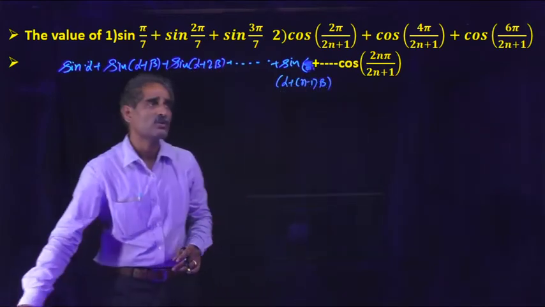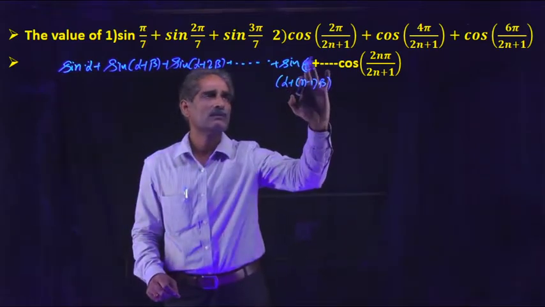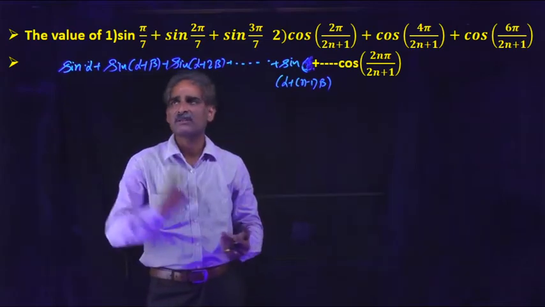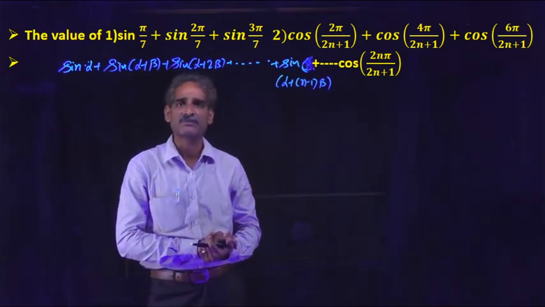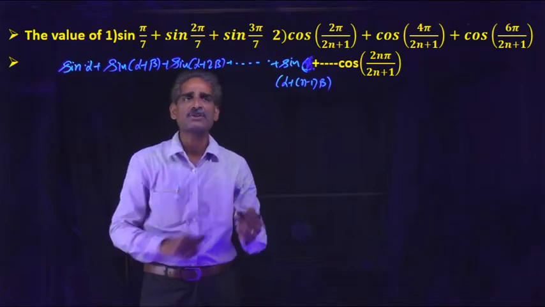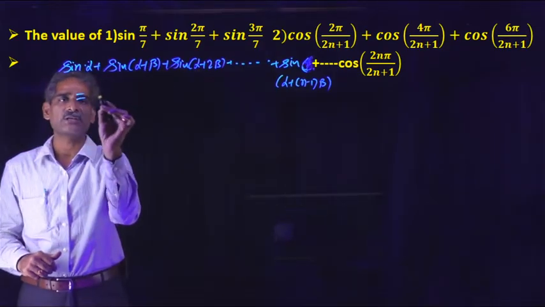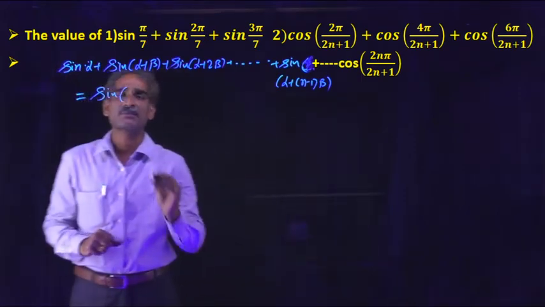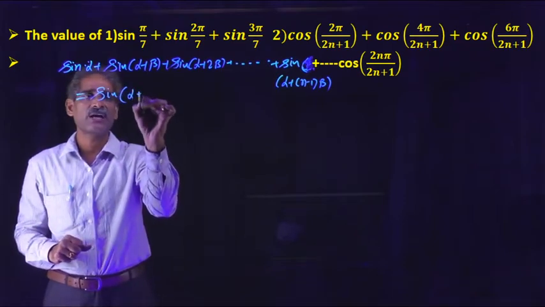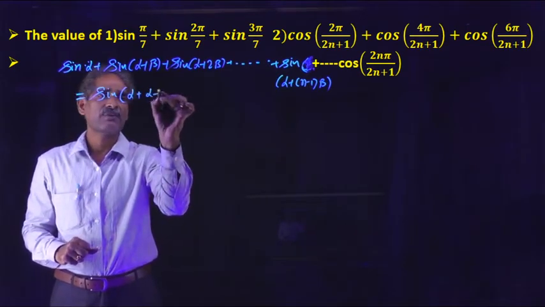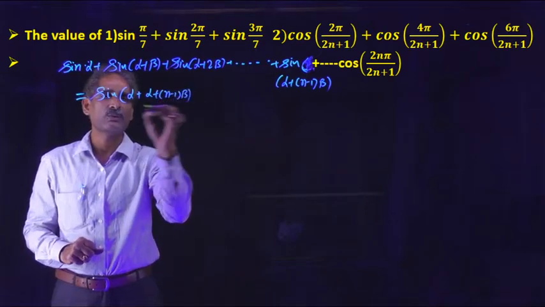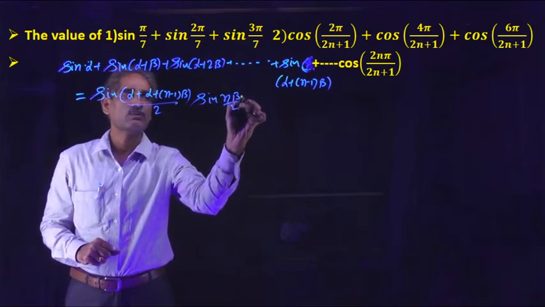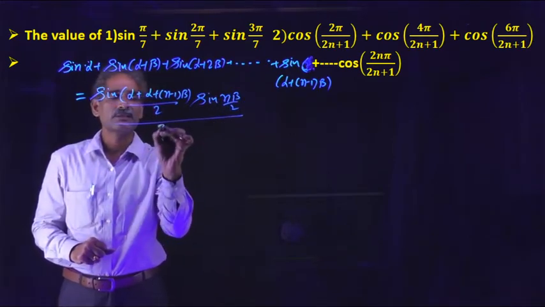So the last term is sine of alpha plus n minus 1 into beta. This expression contains n terms. So the value of this expression, simply by using this formula, is sine of the sum of the first and last angle divided by 2, that means alpha plus n minus 1 into beta by 2, into sine of n beta by 2, whole divided by sin beta by 2.